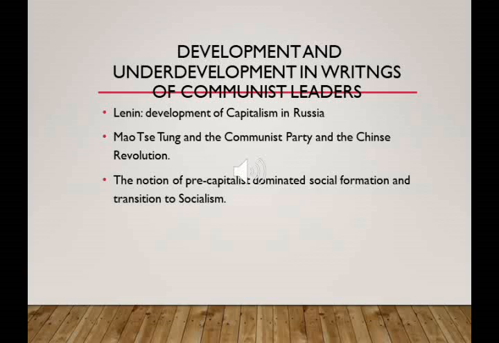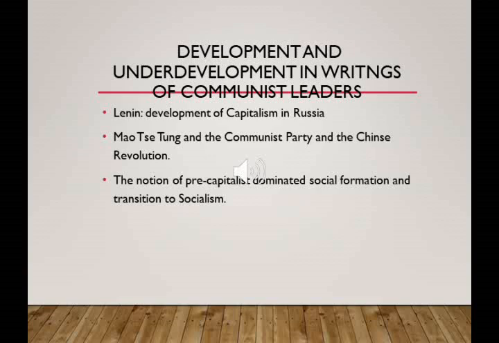All these existed in Russia together. So Russia was not a highly developed capitalist country. So why did Lenin start a socialist revolution in a country which was not fulfilling the image of Karl Marx of a revolution starting in a developed capitalist country?